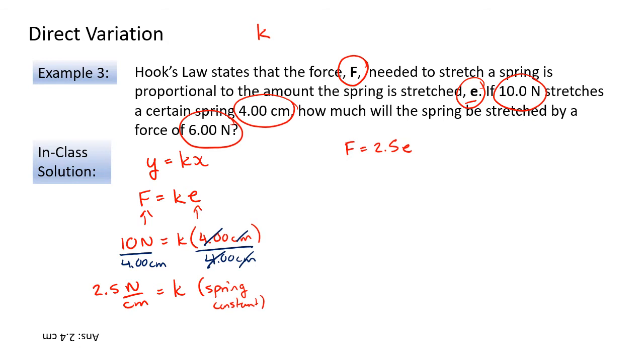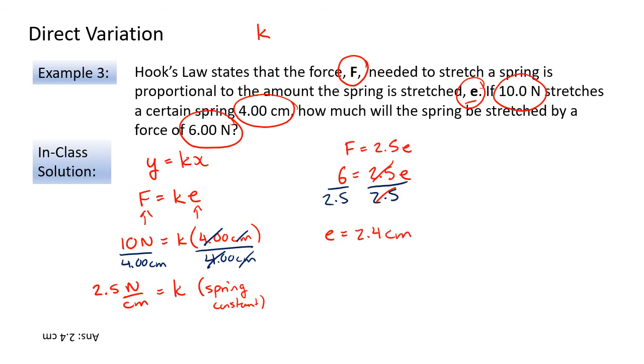So to answer the question, our force is 6 newtons, so we substitute that in, and that's equal to 2.5 times E, the amount the spring is stretched. Now to solve for E, we have to divide both sides by 2.5. On the right side, the 2.5s cancel, and we're left with E is equal to 6 divided by 2.5, or 2.4 centimeters.